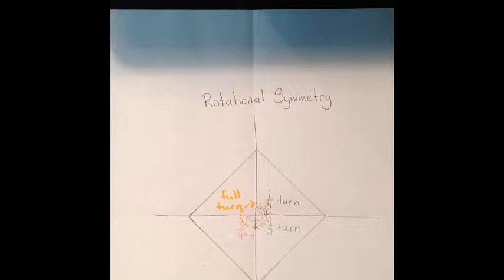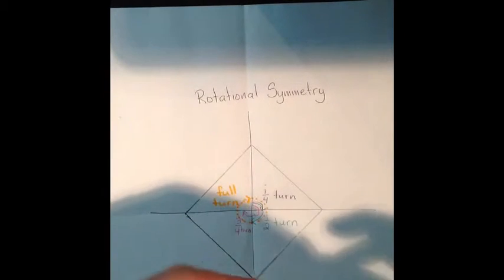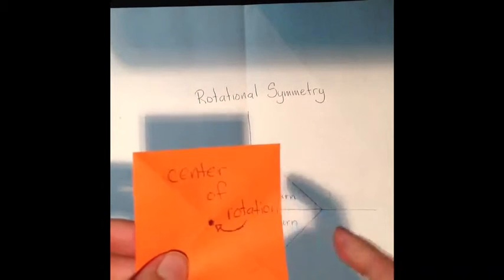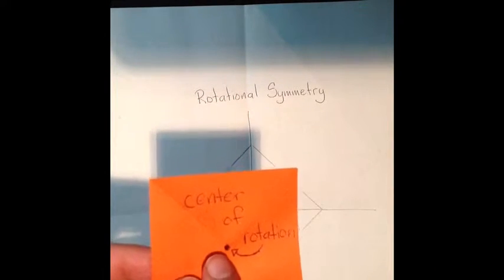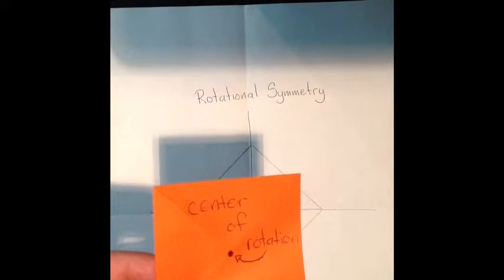Rotational symmetry, just like regular symmetry, is looking for a figure that is the same, except instead of folding the figure on a line of symmetry, we're going to turn it, rotate it around a center of rotation. Rotate is the same as turning.